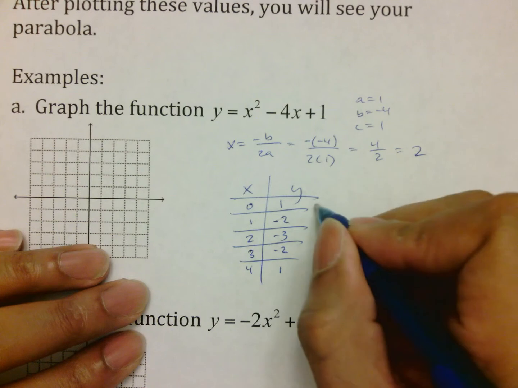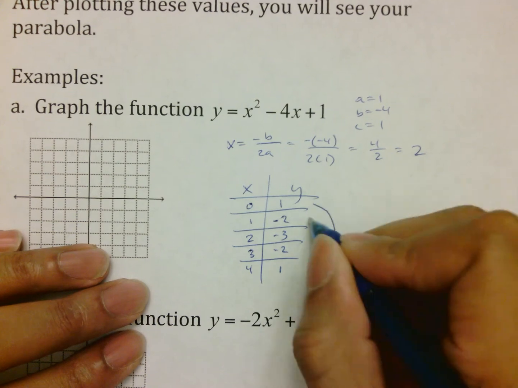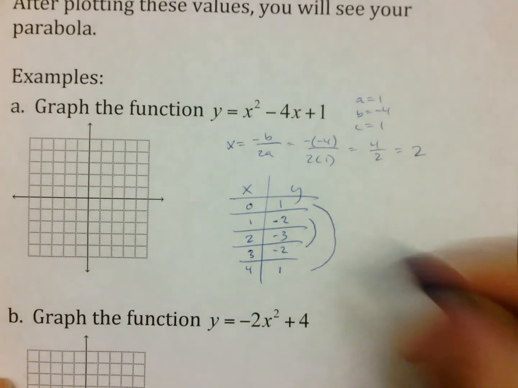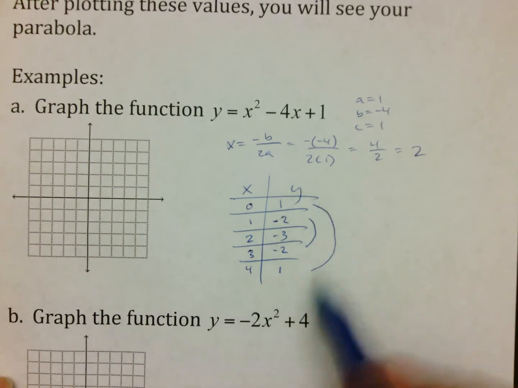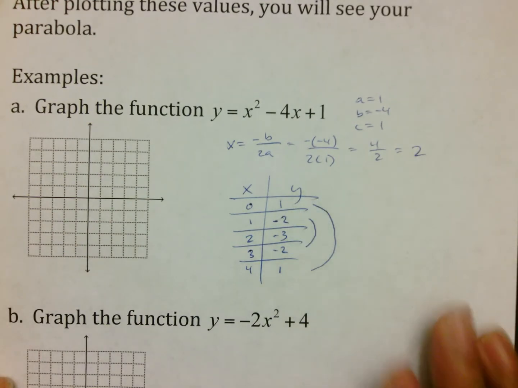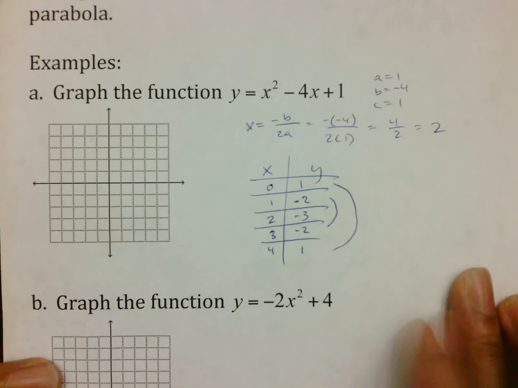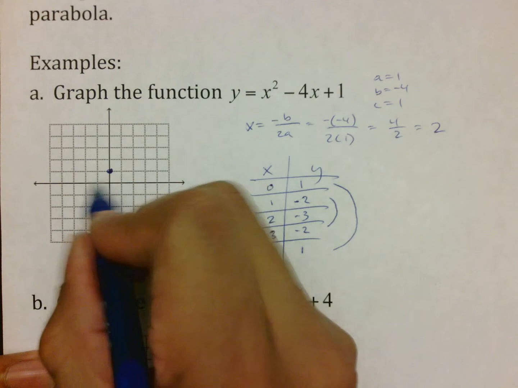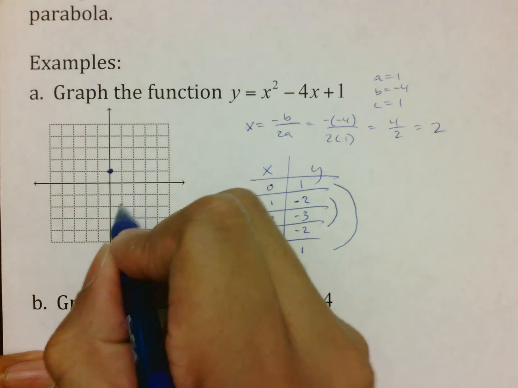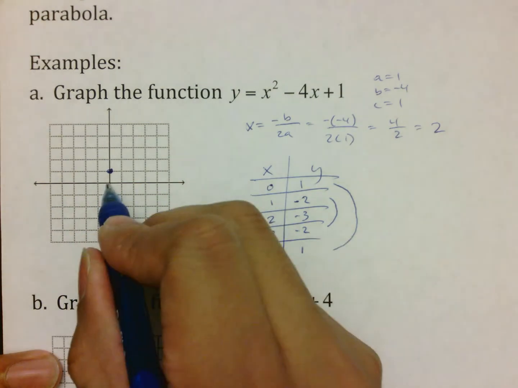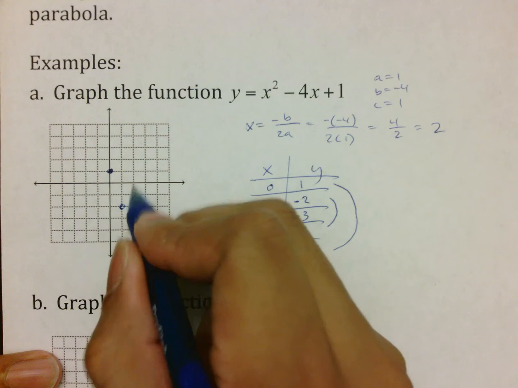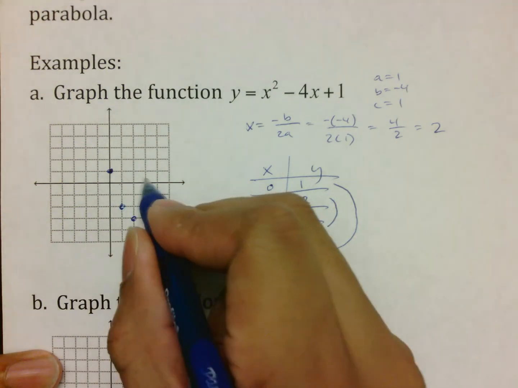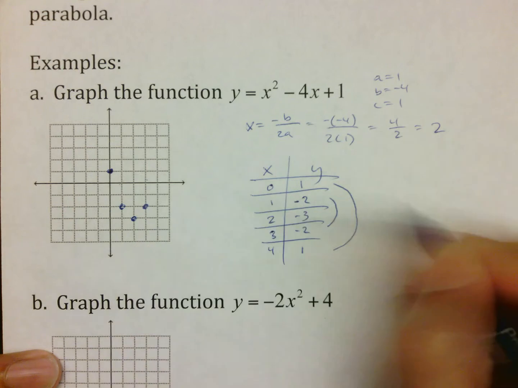Now notice that when you look at the first and last, as well as the second and fourth, you get the same answer. I didn't say force that pattern by copying everything, but if you don't get that pattern, that means you messed up on your numbers. But when we go to plot that, 0, 1 means go up 1. 1, negative 2 means over 1, down 2. 2, negative 3 means over 2, down 3. 3, negative 2 means over 3, down 2.